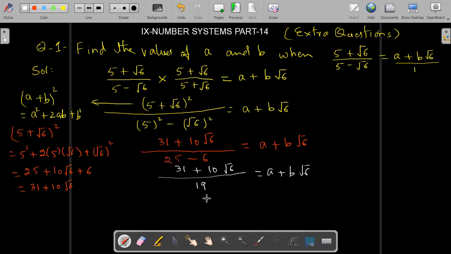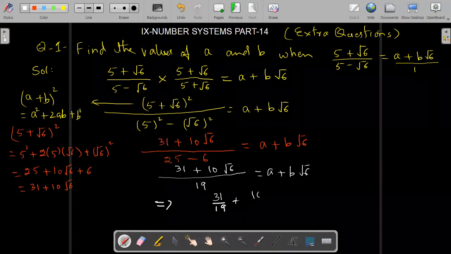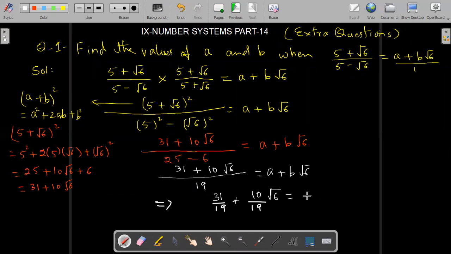Now we can convert this 19 into this format. So we can write 31 upon 19 plus 10 by 19, as 19 is dividing both numbers. We write in the split form because we have to equate with the right hand side, a plus b root 6.